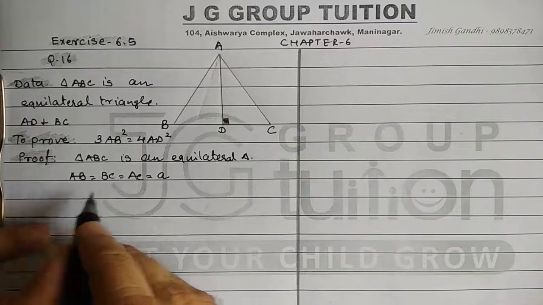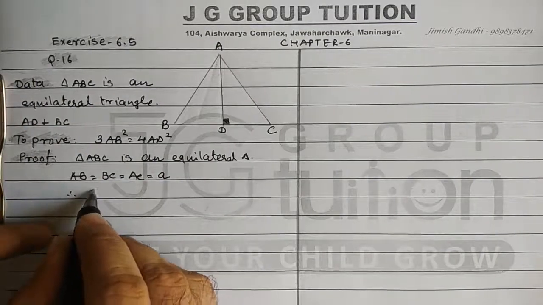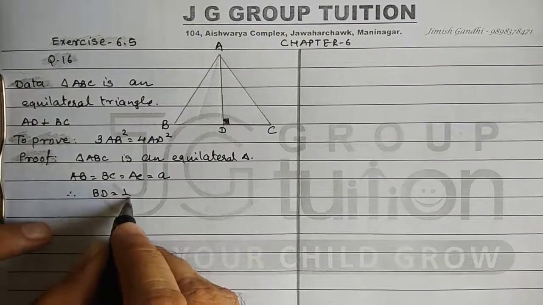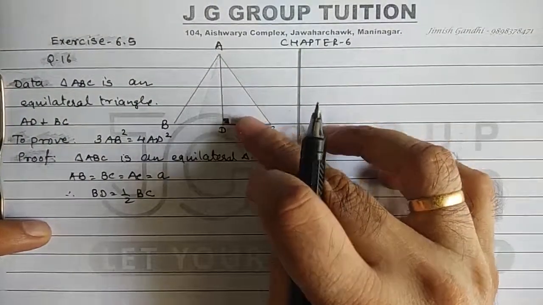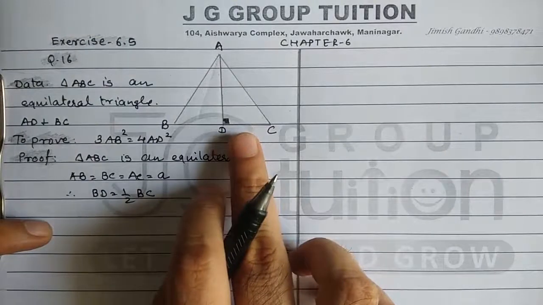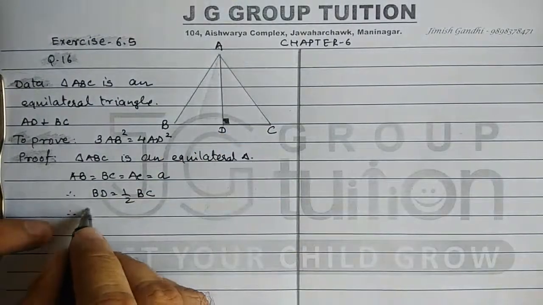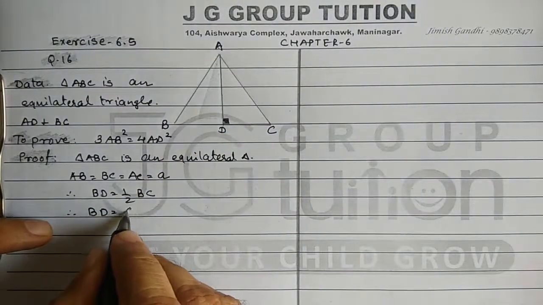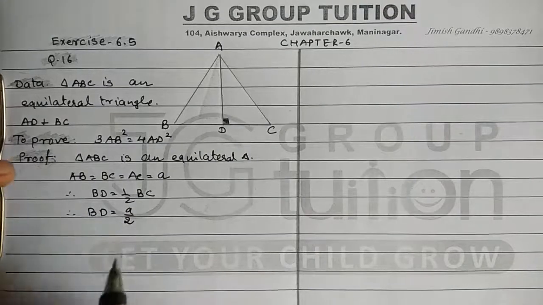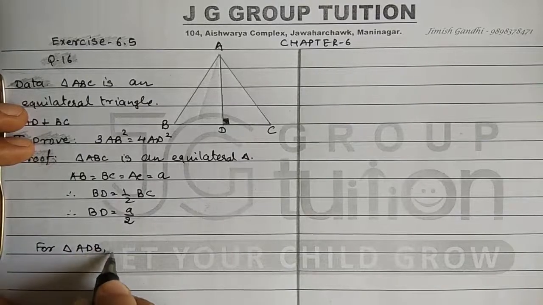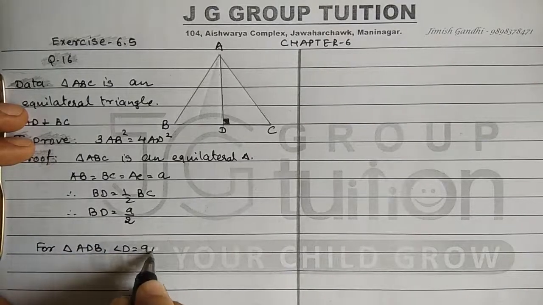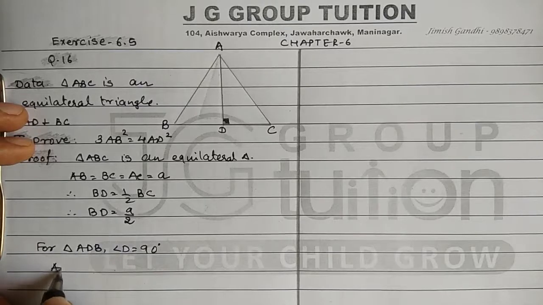Okay, so we can say that the length of BD must be half of BC, because when we construct an altitude, we should remember that altitude is also considered as the median. So we can say BD is A by 2. Now I'll take this for triangle ADB. Angle D is right angle. I'll use Pythagoras.